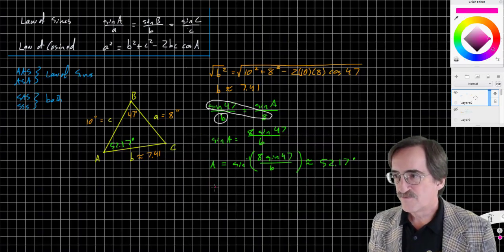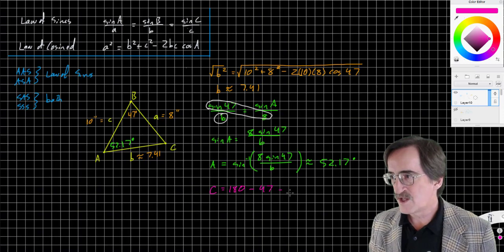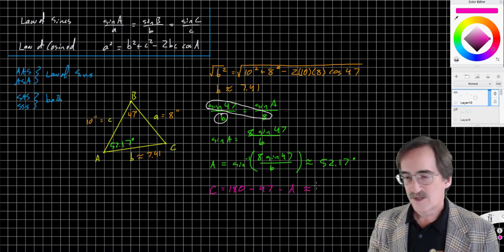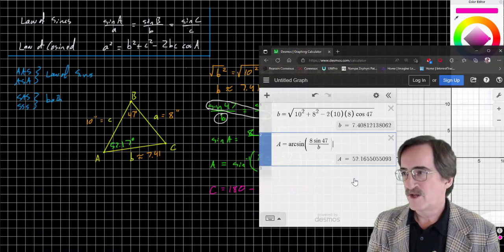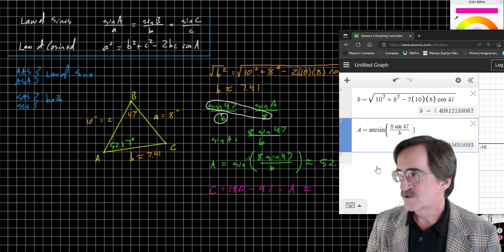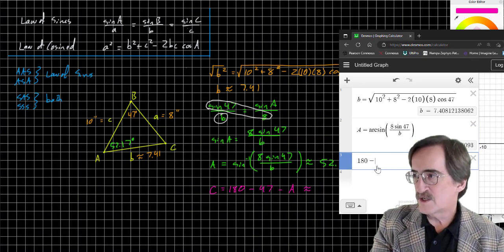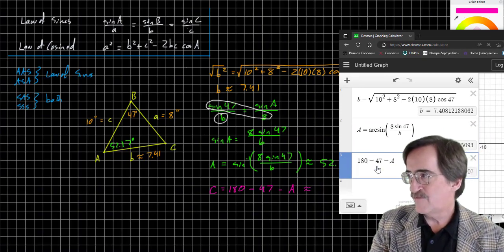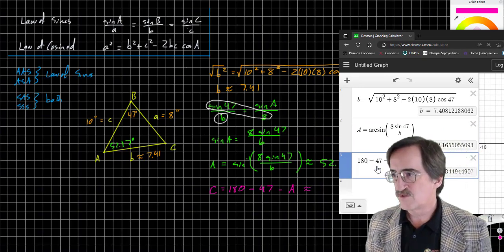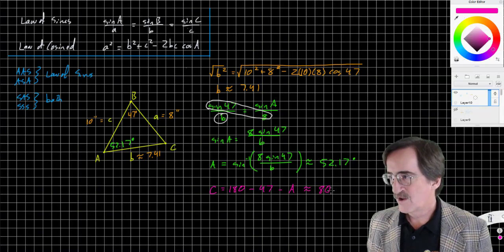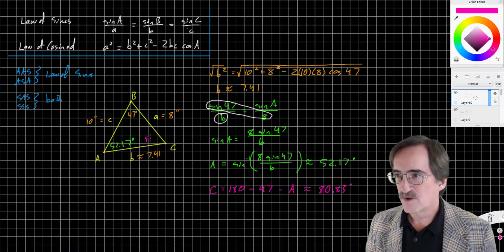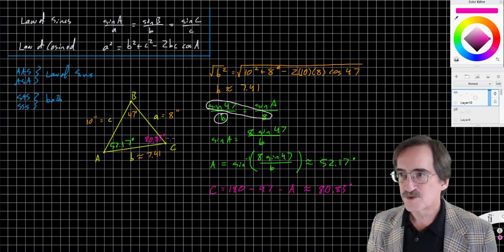So C is 180, take away B, which is 47, take away A, which is 52.17. Okay, so let's enter that here. So we're going to do 180, take away 47, take away capital A is 80.83. 80.83 degrees. And we have solved the triangle.